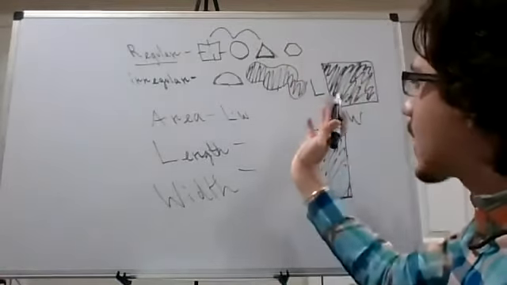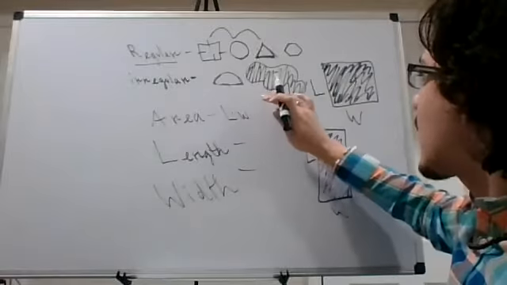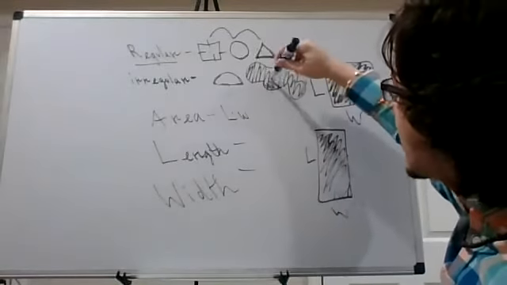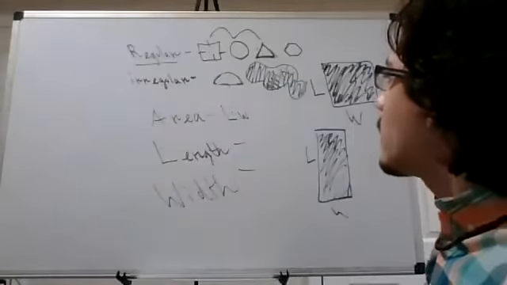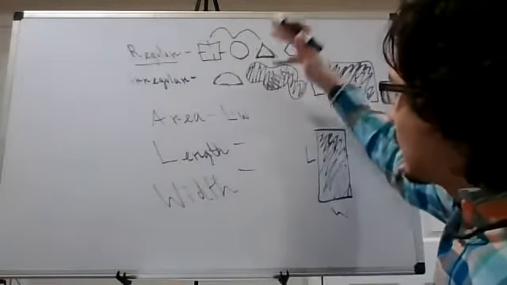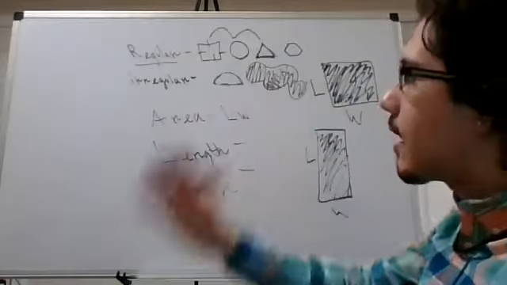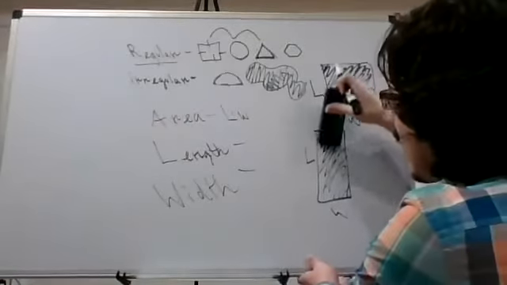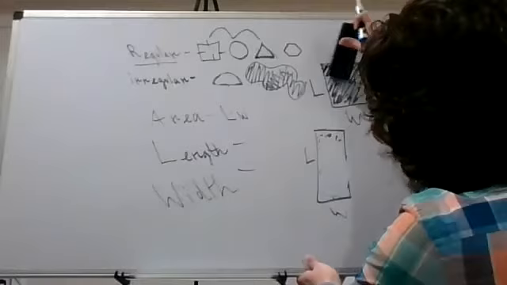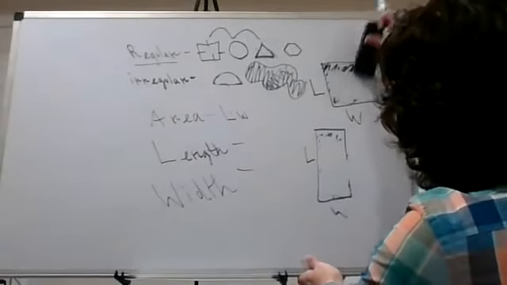That's what you would use area for. And if you find the area of the whole whiteboard, you can say that this area is a certain amount of the whiteboard's area. Now, when we said that area is length times width, this refers to a square or a rectangle.